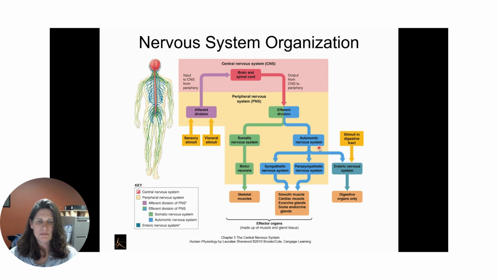Autonomic nervous system. One way to think of these two: when you control your skeletal muscles, that tends to be a voluntary movement. I'm deciding to move my hand like this and curl my fingers. The autonomic system, I think of the word automatic. Make sure you use the word autonomic though.